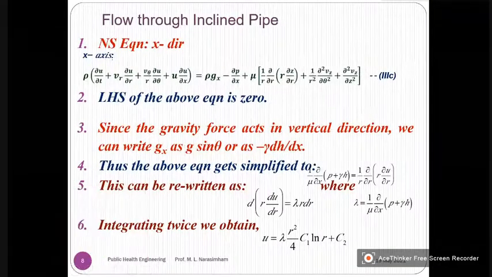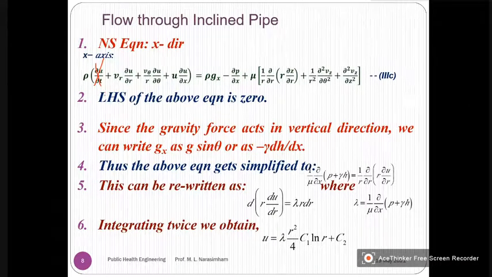So simplification, this will be 0. Then why is this 0?